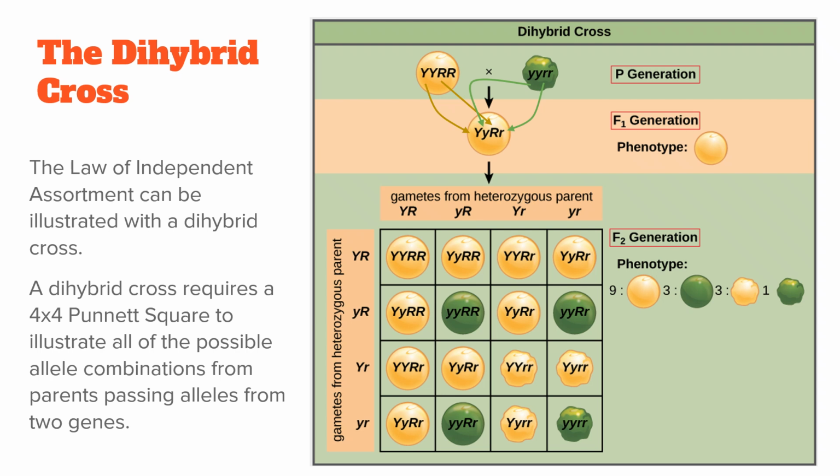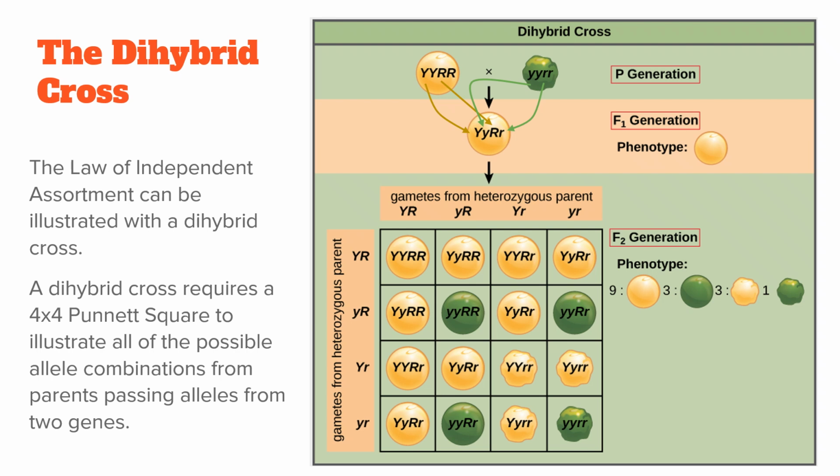That means that 9 were yellow and round, 3 were yellow and wrinkled, 3 were green and round, and 1 was green and wrinkled. This ratio is the classic fingerprint of the law of independent assortment at work, because the alleles for color and the alleles for shape behaved independently during meiosis.